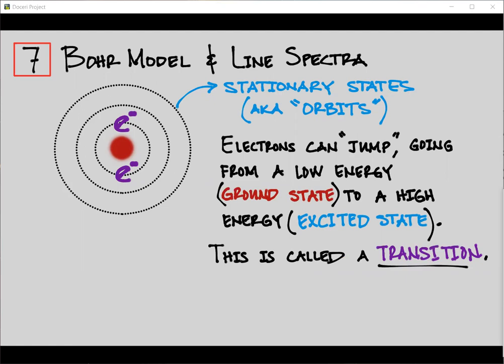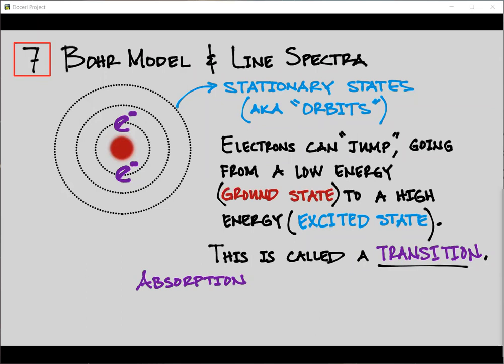So this jumping process is known as a transition. They're making a transition from the ground state, or low energy level, to a higher energy level, the excited state. And there are two types of transition. There's what they call an absorption, because the electrons are absorbing energy from an external source, like light, for example.